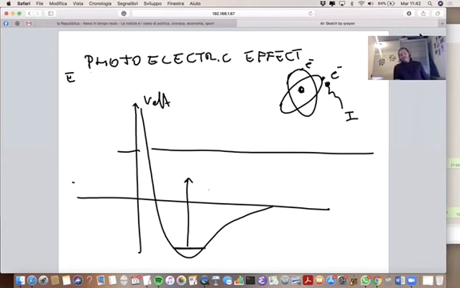Then I would imagine that to get an electron out of the atom, all I have to do is take whatever light I have and double its intensity. Maybe if I was shining my atoms with one lamp, I put 10 lamps of the same type, and I multiply the intensity by 10, and the electrons should go.